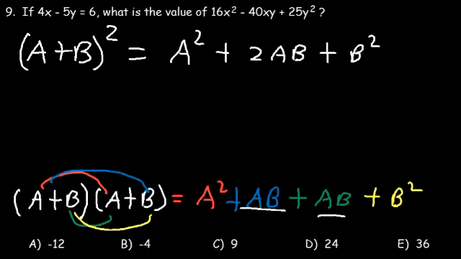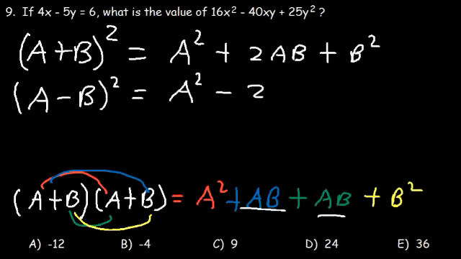So therefore you need to realize that a is 4x in this problem and b is 5y. By the way, if there's a minus sign, it's a minus b squared. a minus b squared is a squared minus 2ab plus b squared. But it's very similar.